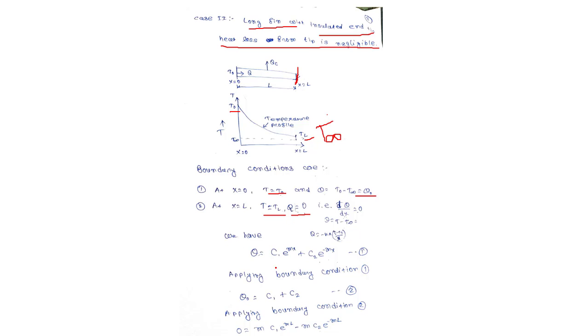We know the equation that theta is equal to c1 e raised to mx plus c2 e raised to minus mx, and we apply both boundary conditions in this equation. Applying the first boundary condition, x is equal to 0 in both terms, we get c1 plus c2, that means theta 0 is equal to c1 plus c2.